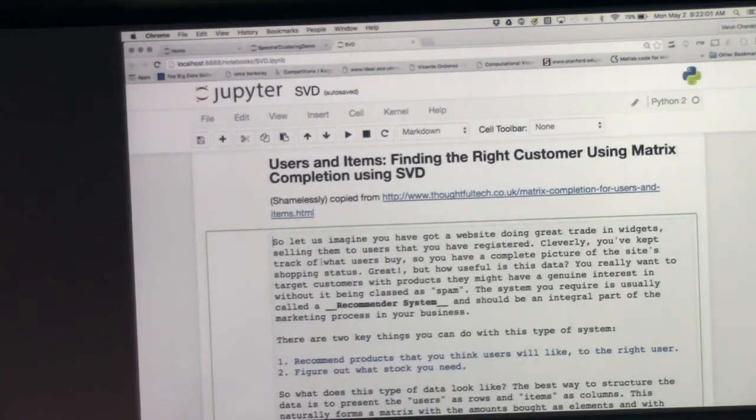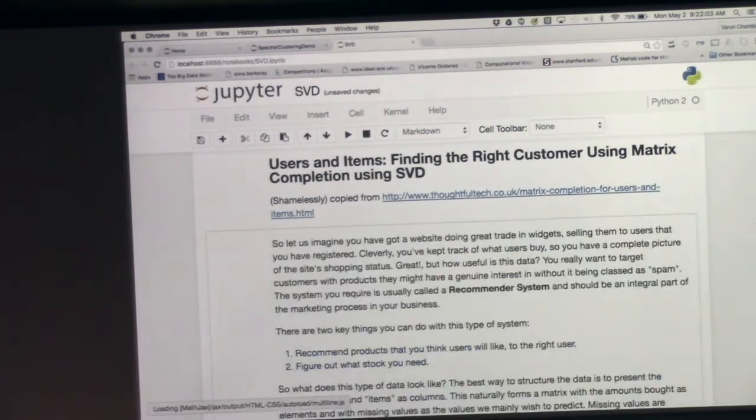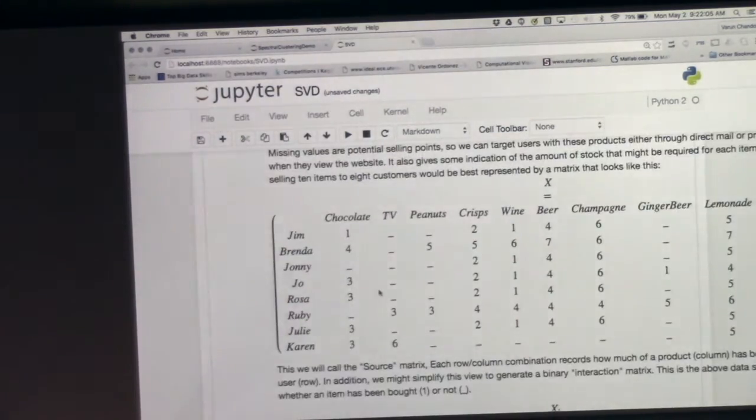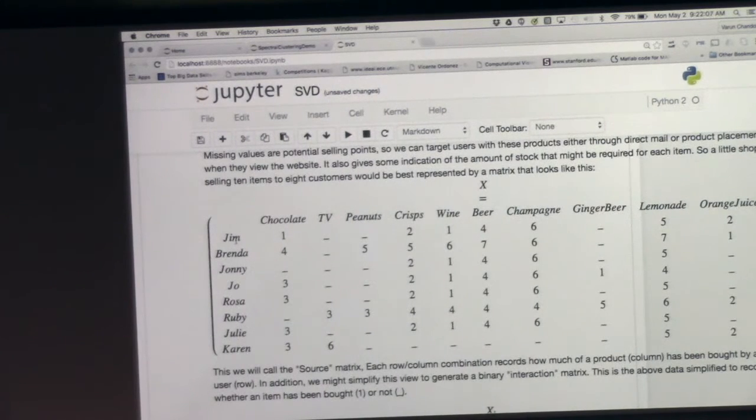In this data matrix, your rows are essentially people, right? So Jim, Brenda, Johnny, Joe, and so on. And your dimensions are these products, the things that they like. And then you have ratings. So Jim likes chocolate with a rating of 1, Chris with a rating of 2, and so on, right?